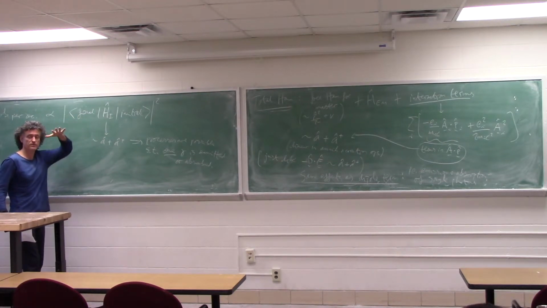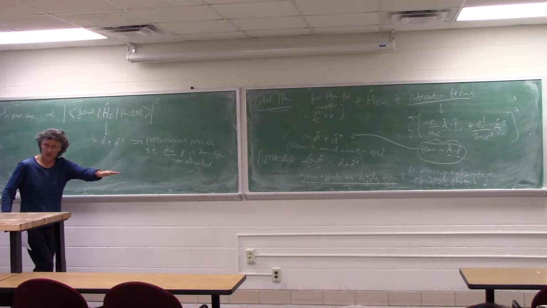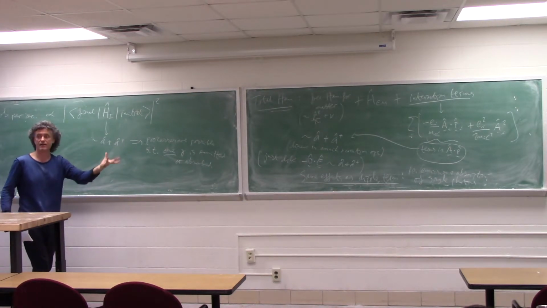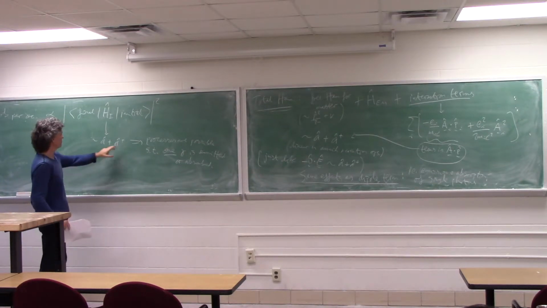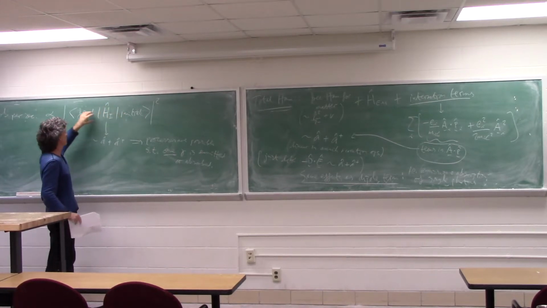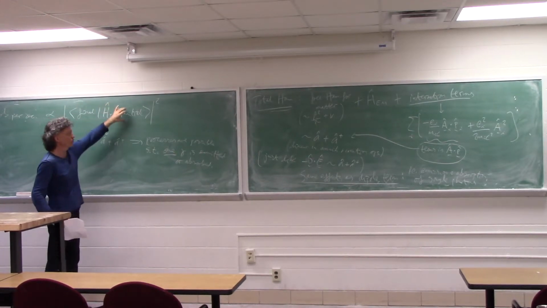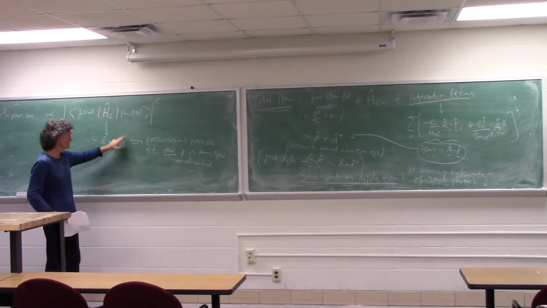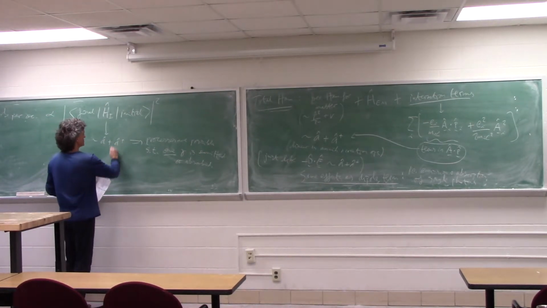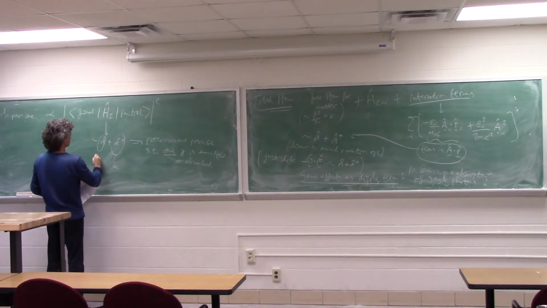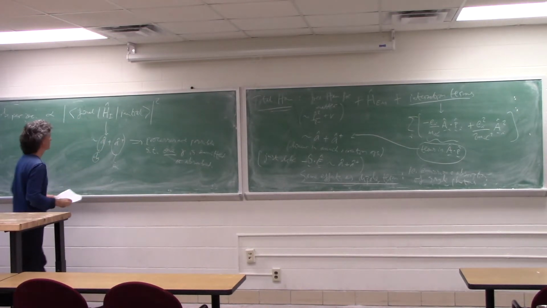I get a probability, because that's a probability for the number of photons to diminish. In other words, the atom absorbs the photon. The creation operator acts on the initial state, raises the number of photons. If the final state has 1 photon more than the initial state, the inner product will be non-zero. And so this term corresponds to emission of a photon, absorption of a photon.